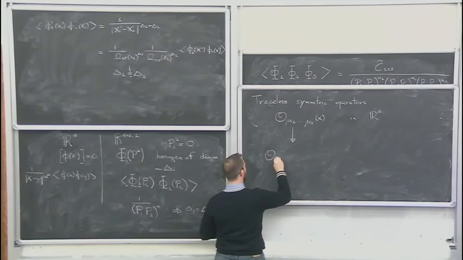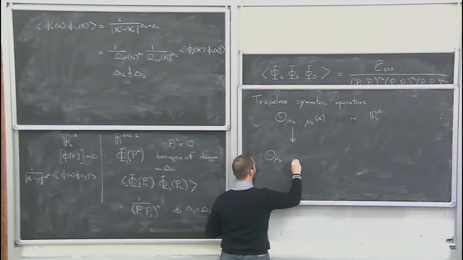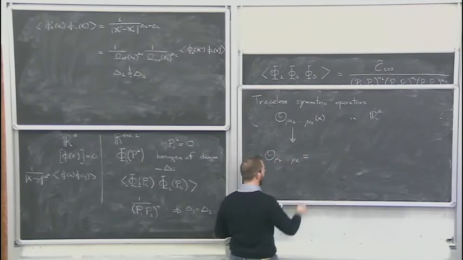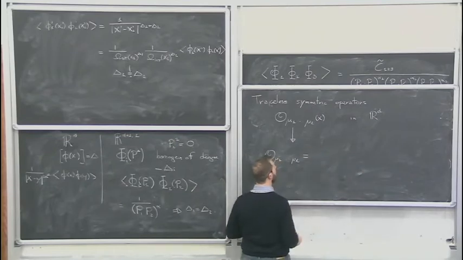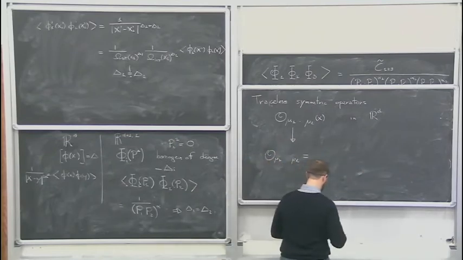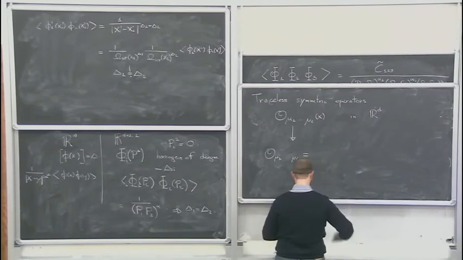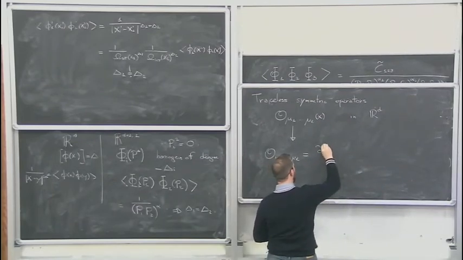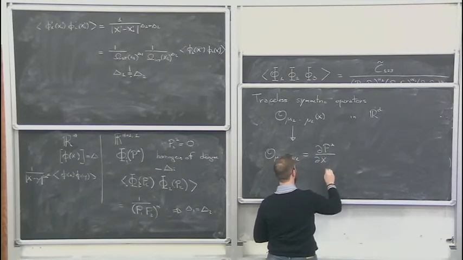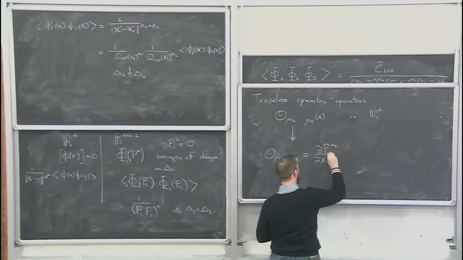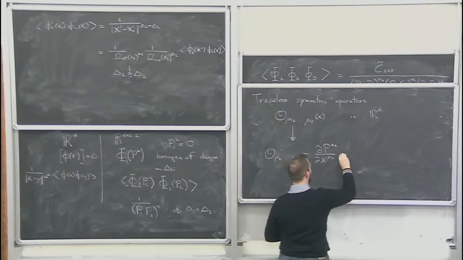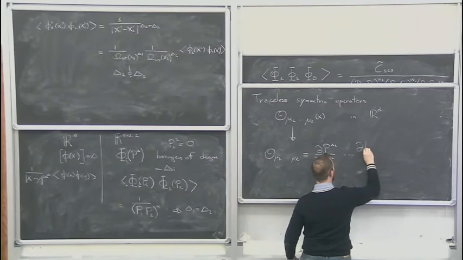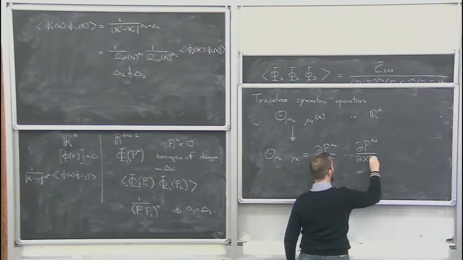O mu1 through mu L will be defined in terms of an embedding operator through the projection dP^A1 over dx^mu1 up to dP^AL over dx^mu L.